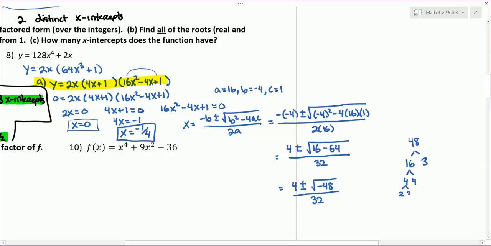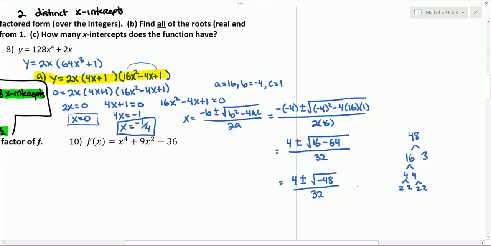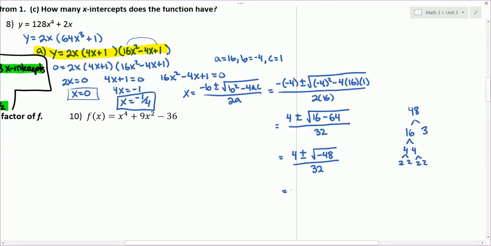You can do, say, 4 is 2 times 2, and 4 is 2 times 2. So this is 4 plus or minus i square root of 2 to the 4th power times 3. And the square root of 2 to the 4th power is going to be 2 to the 2nd power. Don't forget all this is over 32.